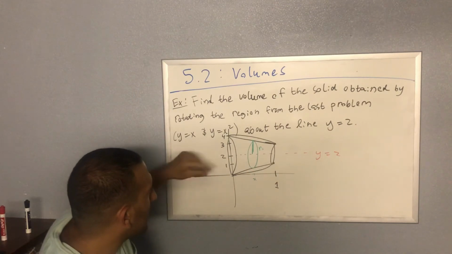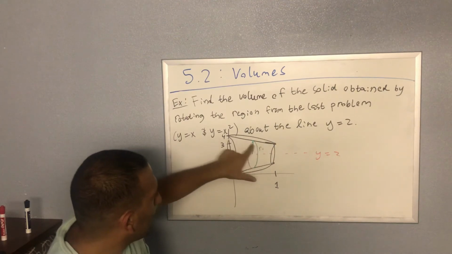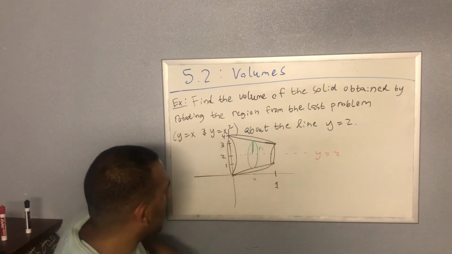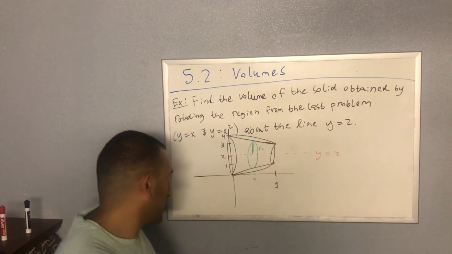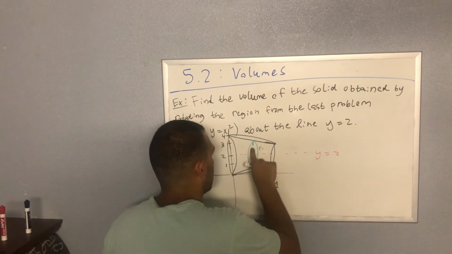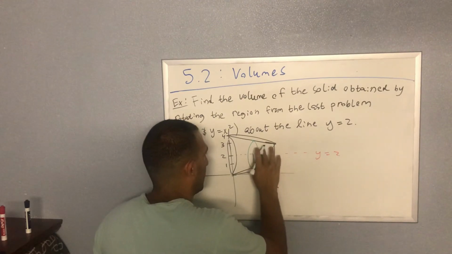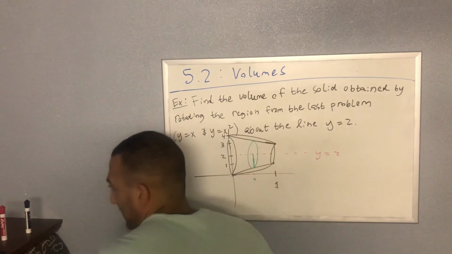So we could say it's this big distance here, or we're saying it's the distance from 2 to this point. So it's going to be 2 minus the function, which is the line. And then maybe it would be easier to look at this radius here, to see that this radius is the same as that one.